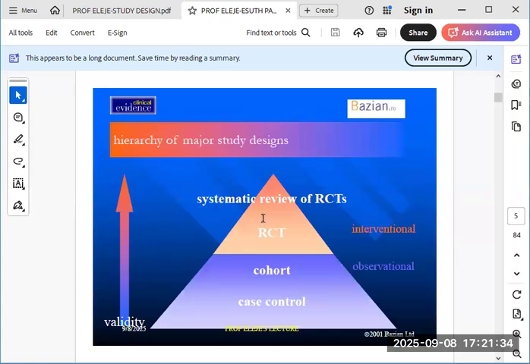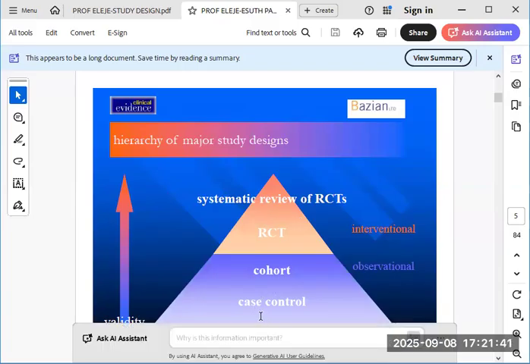Before we proceed, I wanted to show you the hierarchy of major study designs. Below here we have the cross-sectional study. Below the cross-sectional study, we have the case report and case series. Above the cross-sectional we have case control.